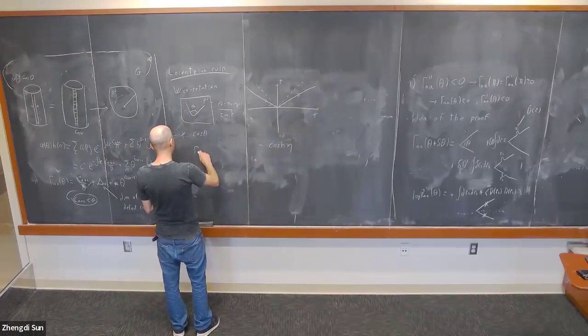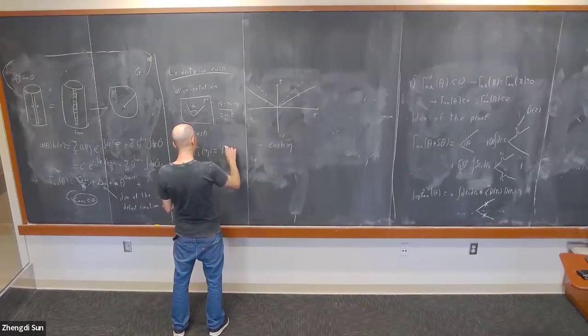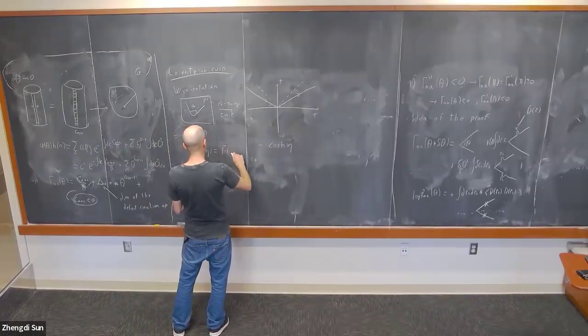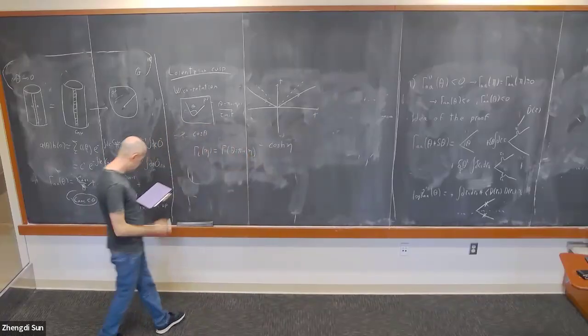Therefore, I can define the Lorentzian cusp at rapidity eta to be just the Euclidean cusp at angle theta equals pi minus i eta. Okay?